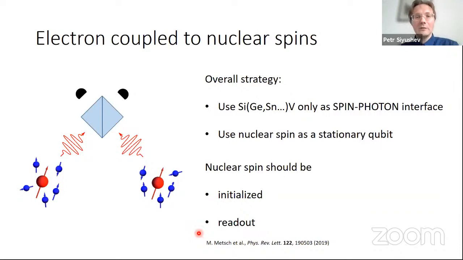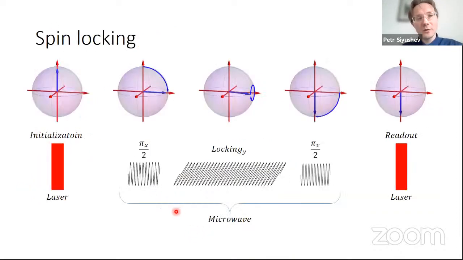And to understand how we do it, I would start with a simple sketch of the spin locking technique. Spin locking starts with the initialization of the electron spin by laser optical pumping. Then, using a pi/2 microwave pulse, we flip the spin into the equatorial plane. Then we apply a long microwave pulse with a 90-degree shift compared to the pi/2 pulse, which is called the locking pulse.